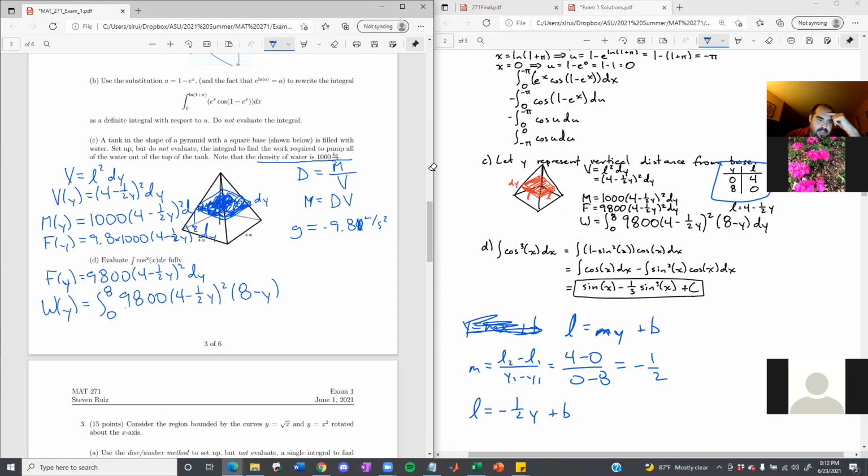So basically, this right here is my force, the weight of the water, depending on what the value of y is. And really what this dy is part of that. Because remember that dy, the place where we originated that, that's the thickness of that slice of the water that I'm looking at.